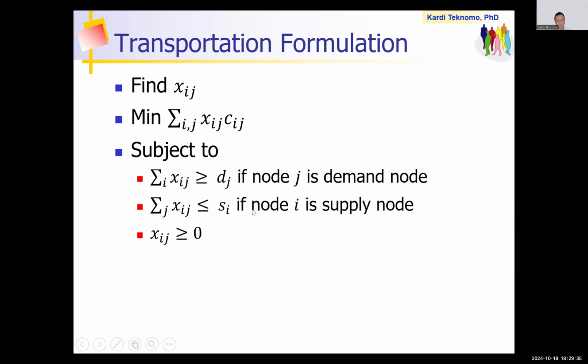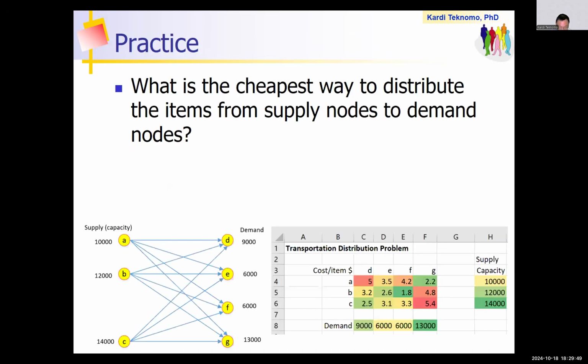If node i is a supply node, then the flow in that supply node must be less than the supply. Then this is our practice.